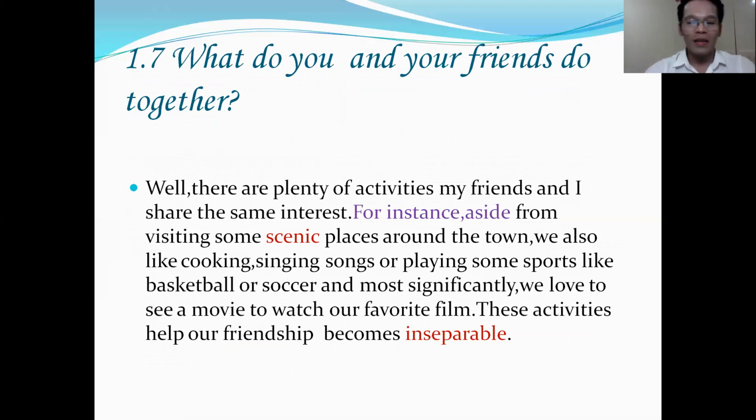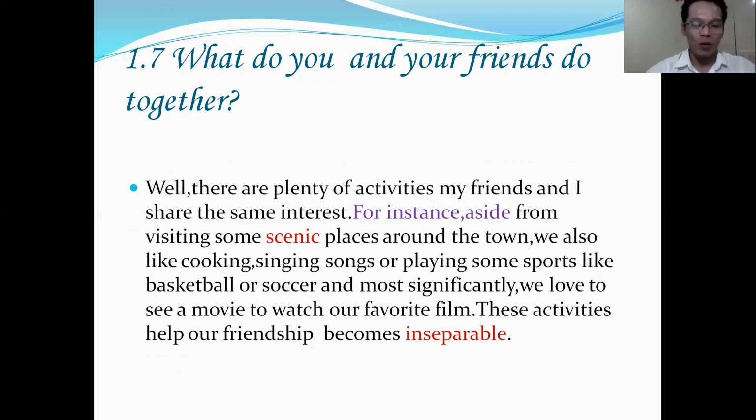Well, there are plenty of activities; my friends and I share the same interests. For instance, aside from visiting some scenic places around the town, we also like cooking, singing songs, or playing some sports like basketball or soccer, and most significantly, we love to watch movies, our favorite films. So these activities help our friendship become inseparable.